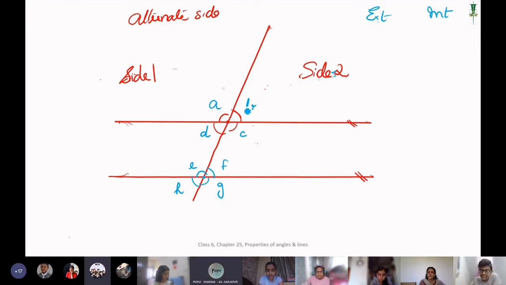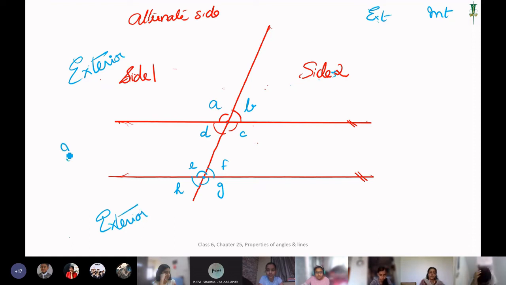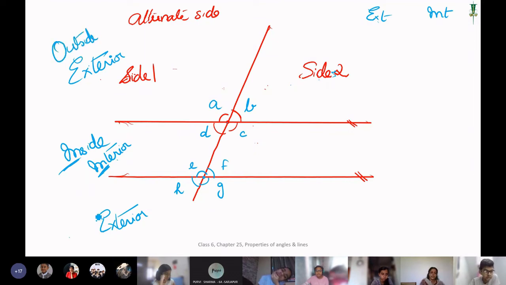Exterior. This entire portion is the exterior, outside. And the bottom below is also outside. This is inside, so therefore interior. Remember it with that: in, inside, interior. And the opposite of that is outside, exterior.